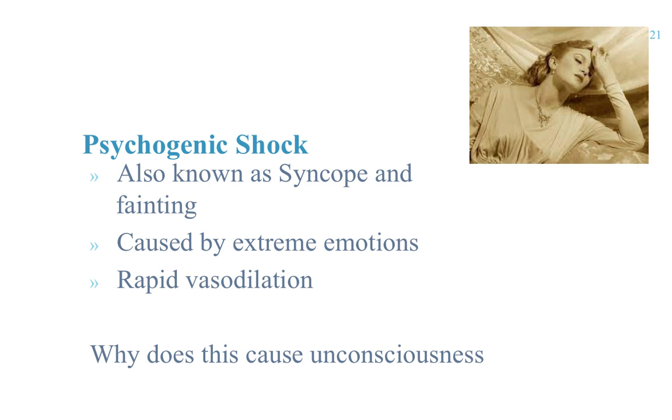So all of a sudden, the baroreceptors don't have time to respond. We have rapid vasodilation, then our blood pressure is going to go down quickly, and that's going to cause unconsciousness. And we have a sudden loss of blood to the tissues, that's what's causing the unconsciousness.